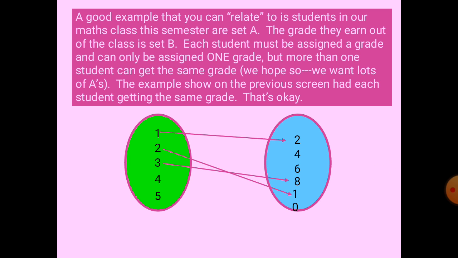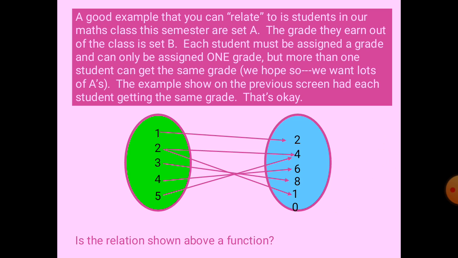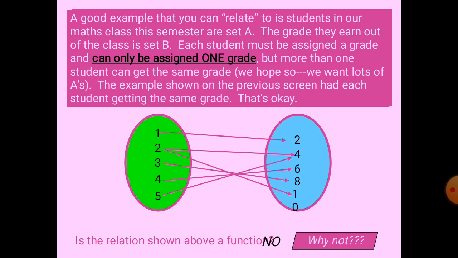In this set, the green is the domain and the blue is the range, set A and set B. In this example, can you identify whether it is a function or not? No, it is not a function, because each student must be assigned a grade and can only be assigned one grade.